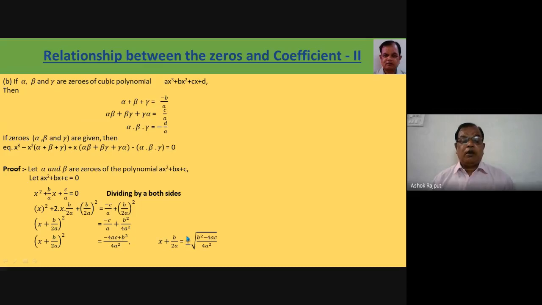Why have we taken plus and minus here? Because if we square a positive value, it will be positive. Same thing, if we square a negative value, it will be the same. So we can take two signs here, plus and minus.